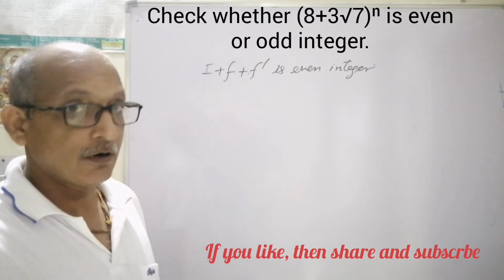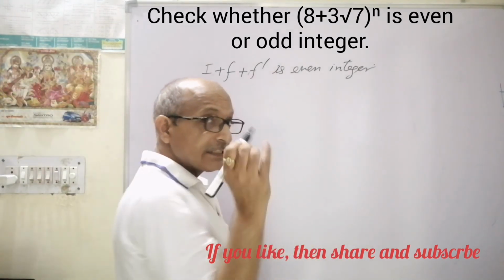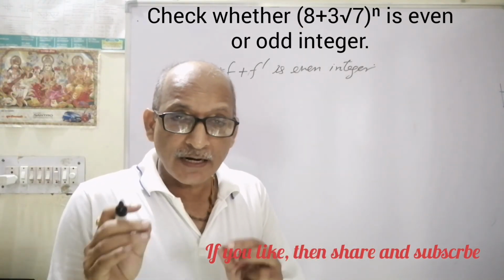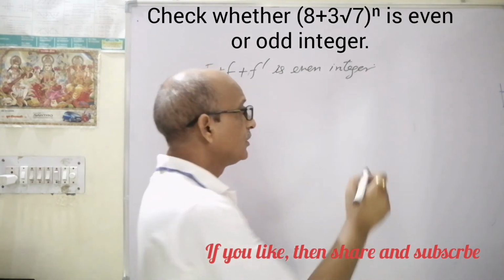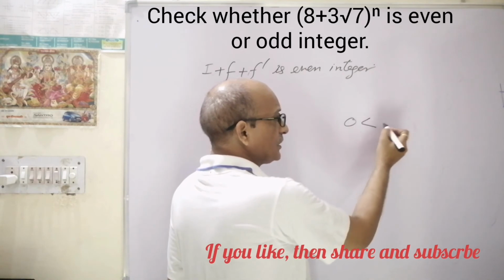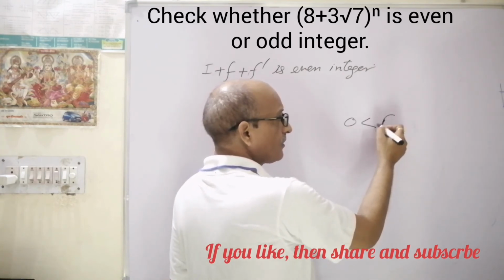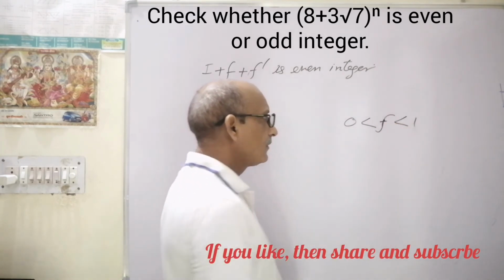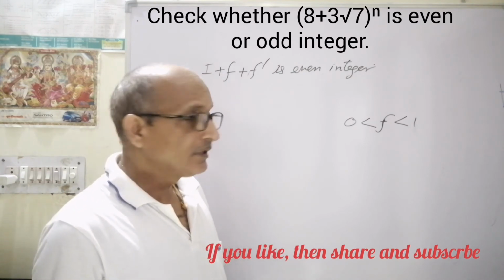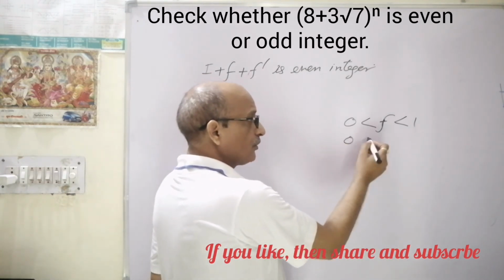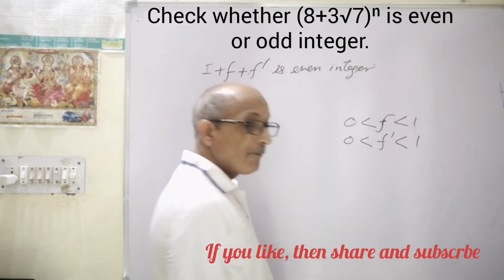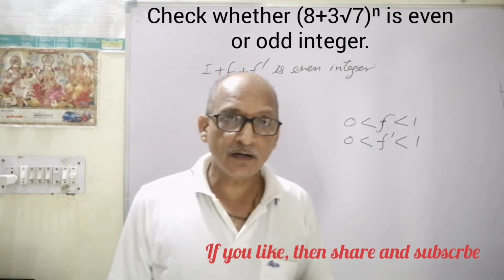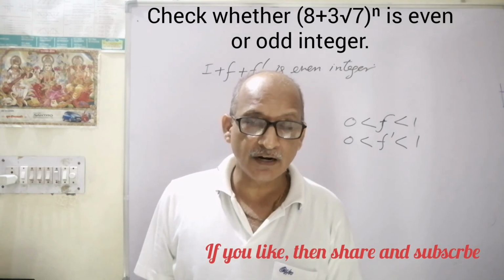Now further to be thought on, we have already considered that f lies between 0 and 1 in the first step, which means we can write 0 is less than f is less than 1. Also we have already proved that 0 is less than f dash is less than 1.